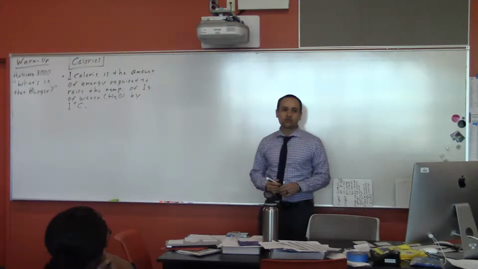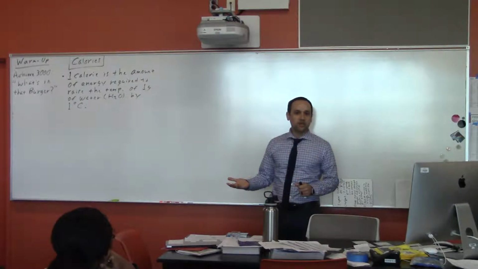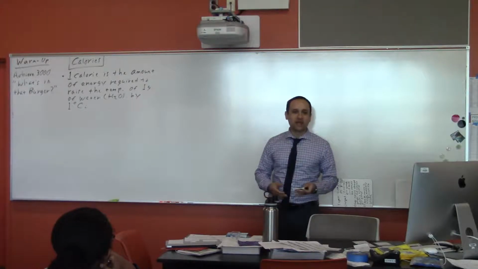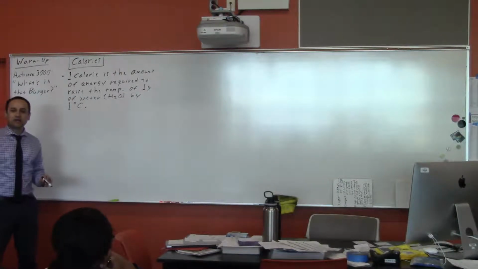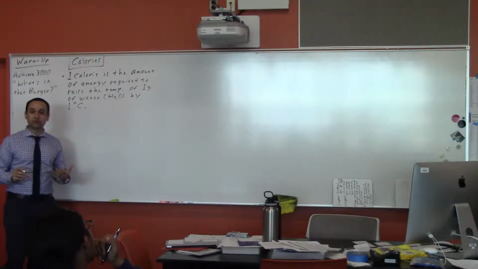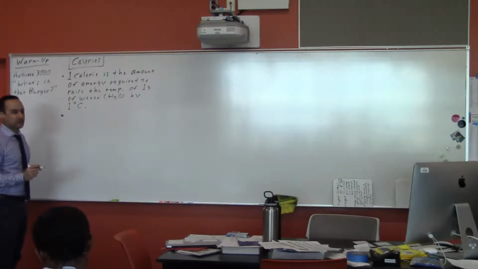But dietary calories are a little bit different. Sure, just like you would measure thermal energy in calories, we can measure dietary chemical energy in calories. But only 3 types of molecules provide energy for the human diet or for the human body, okay? So let's go ahead and put this on the board.